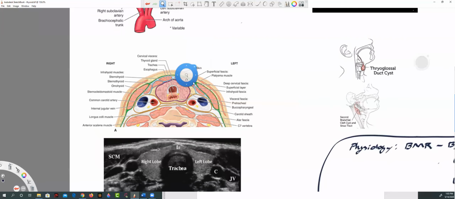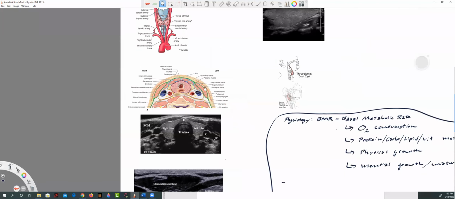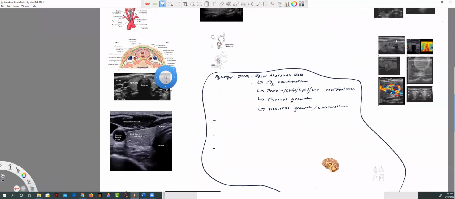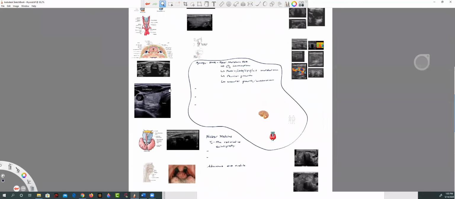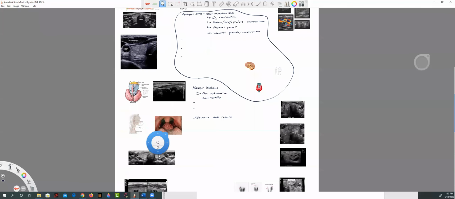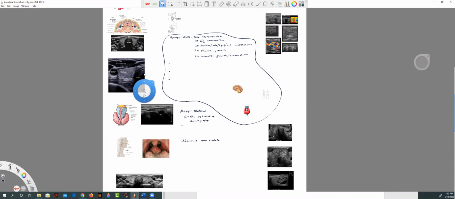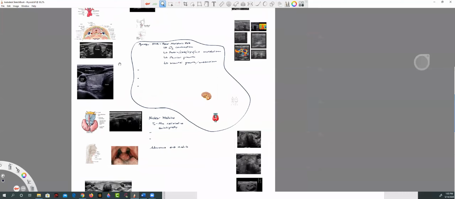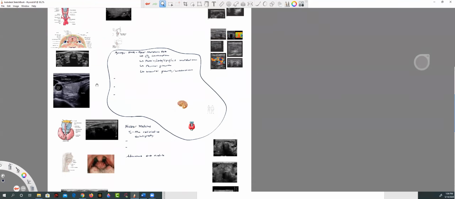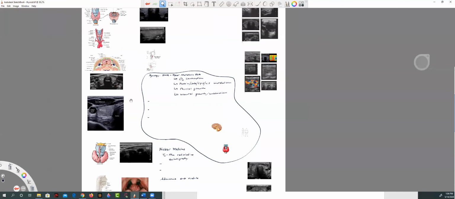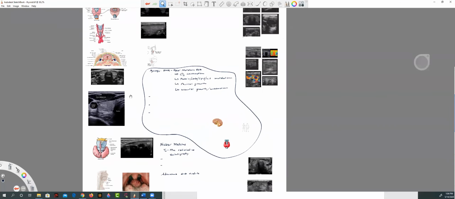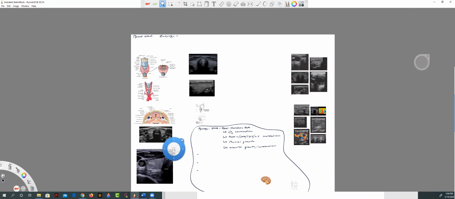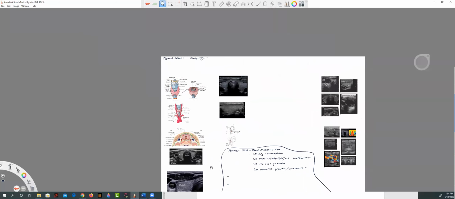It's the muscles and the stuff around the thyroid that's actually the difficult part. We'll look at some normals, some abnormals, some developmental anomalies, a little bit of physiology, and a little bit of testing, getting into solid lesions.